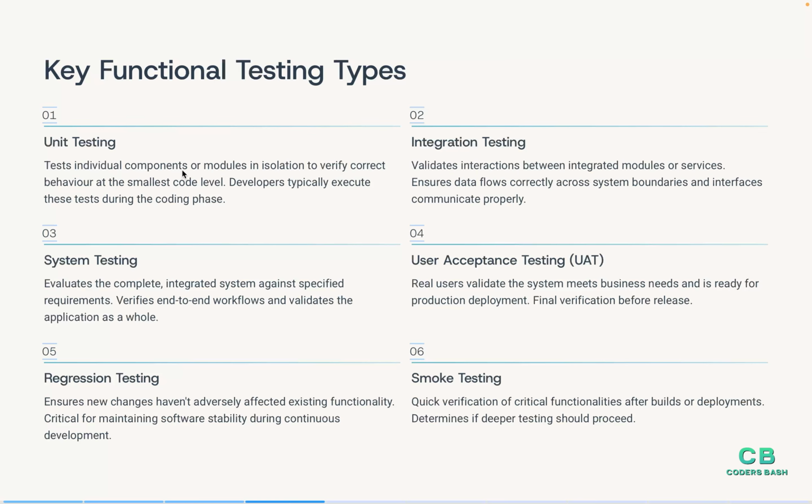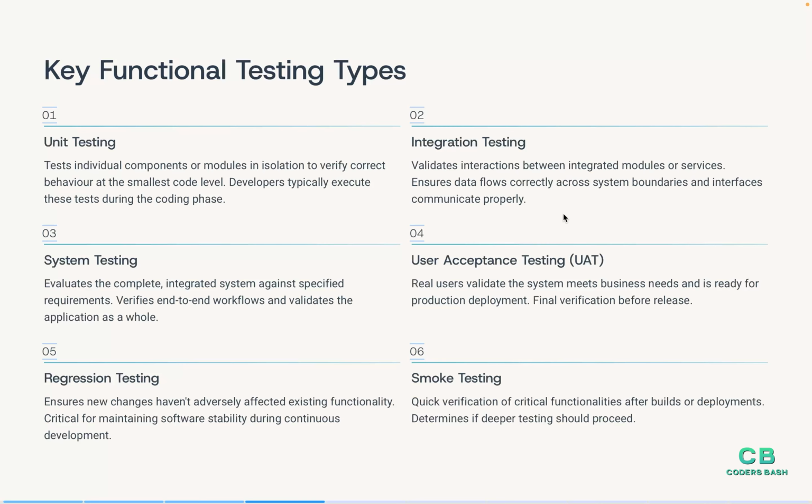So basically unit testing is nothing but the first stage of testing, where usually the developers perform this testing using their test cases in the backend only. And then we have integration testing. So in integration testing we validate interactions between integrated modules or services.